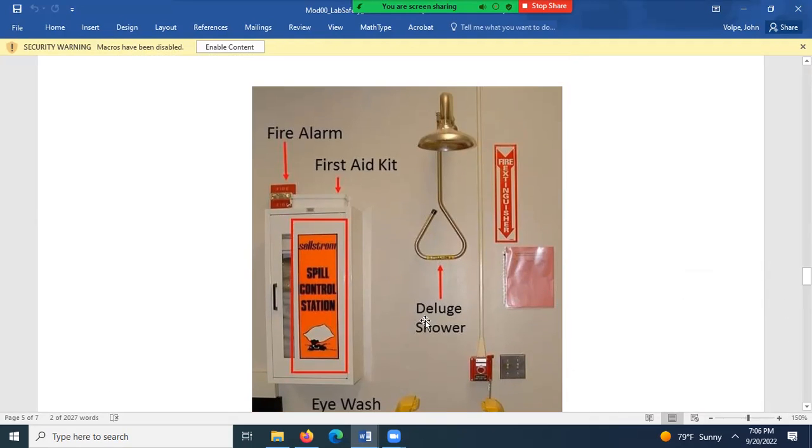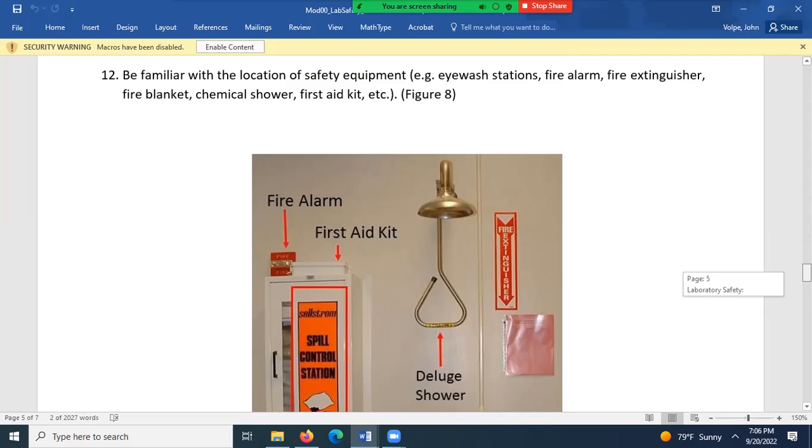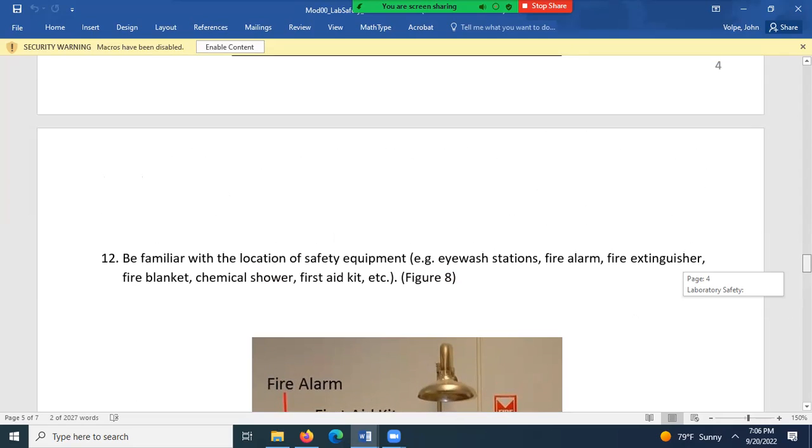We have a spill control station. So if you spill something, you can use this to wipe it up. A fire alarm. We have a fire extinguisher in the lab and a fire blanket, which isn't shown, although it's stated here. There's a first aid kit.